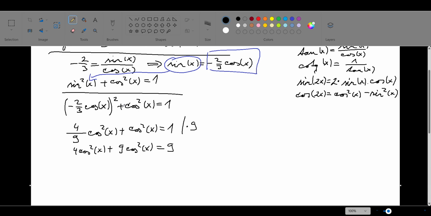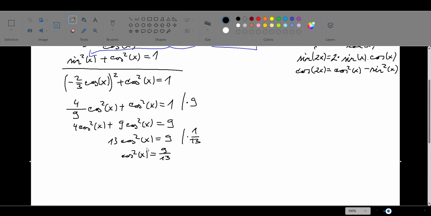Now what that means is that these are like terms, so we can add them up by adding the coefficients, which means 13 times cosine squared of x is equal to 9. Now let's multiply both sides by 1 over 13, which means cosine squared of x is equal to 9 over 13.